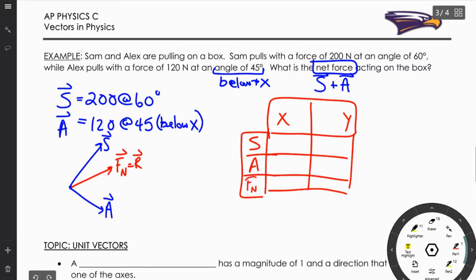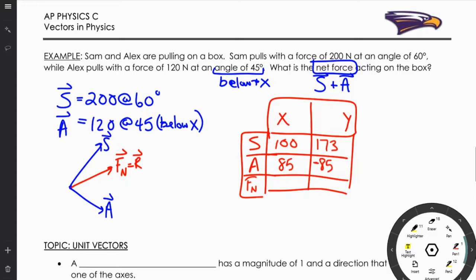So for Sam we do 200 cosine 60, which is 100. Then 200 sine 60 is 173. Then we do 120 cosine 45. The great thing about 45 is that it's the same, the difference is this one will be positive and this one will be negative.